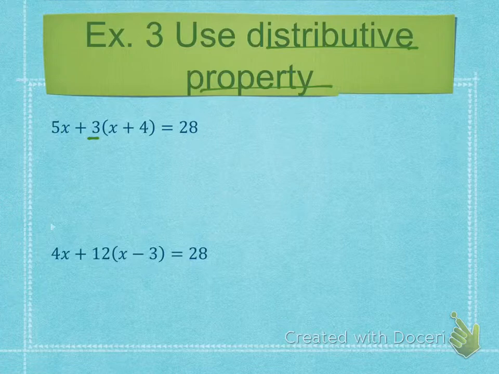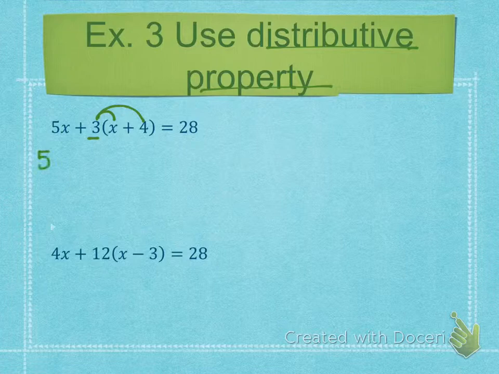This 3 right here needs to be multiplied by everything inside parentheses. So if I were just to go, oh, 3 times x is 3x plus 4, that's not fair. That 3 did not get distributed to that 4. The 4 has missed out, okay? So we've got to do distributive property to everything inside parentheses.